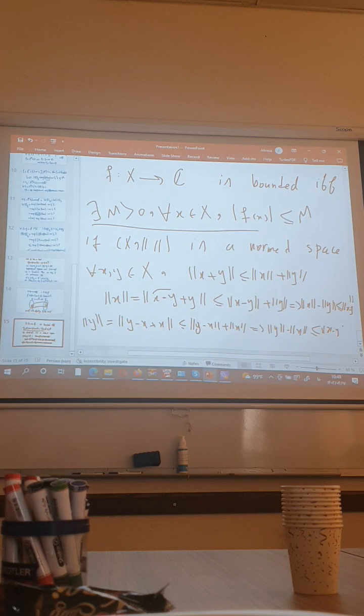The norm of x minus y is equal to the norm of y minus x, so we have these two. These two show that the absolute value of the norm of x minus the norm of y is less than or equal to the norm of x minus y.